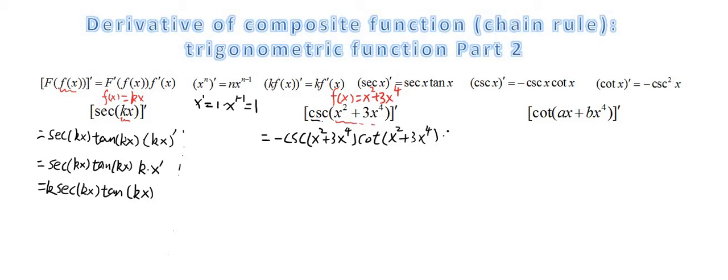f(x) is this guy. We have x squared plus 3x to the power 4, prime. Basically we're gonna simplify this. How to simplify this? That's the derivative of a sum of two functions. We're gonna do the derivative for each term.